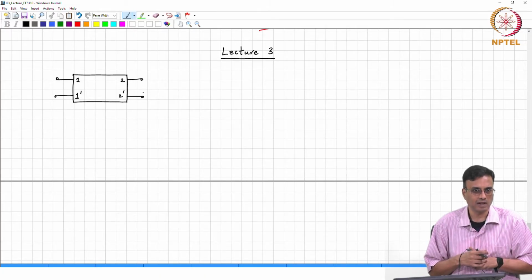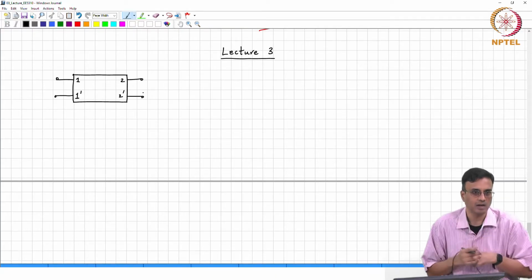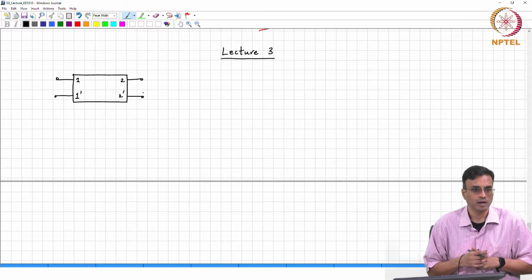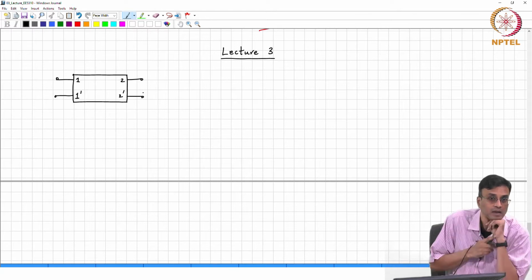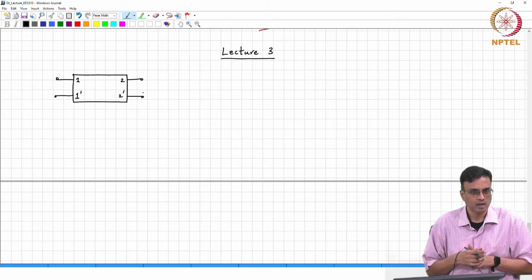What are the commonly used two port parameters?